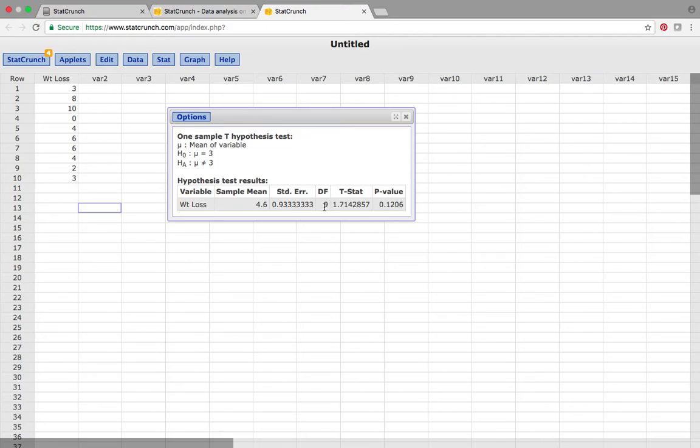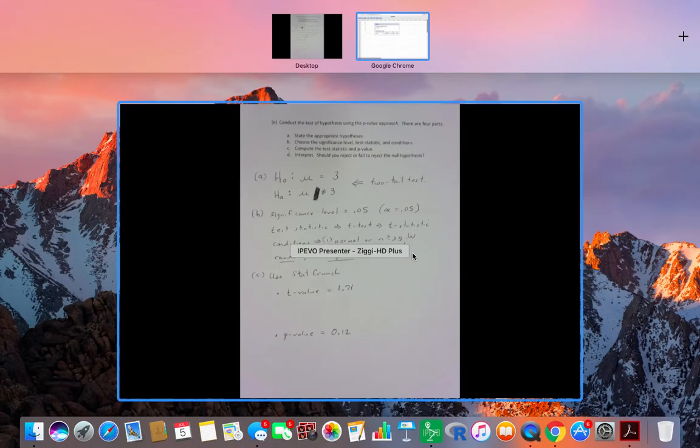We can see that we have degrees of freedom 9. Our standard error, if we took the standard deviation divided by the square root of 10, our sample size, is what we would get. And this is our sample mean. All right. So again, test statistic 1.71, p-value 0.12. So I've written that over here.